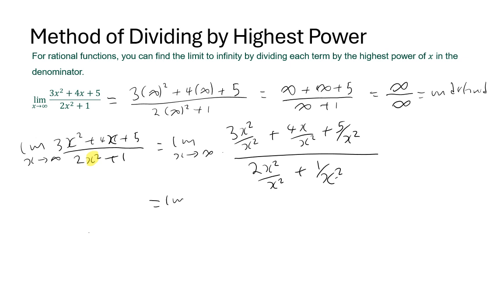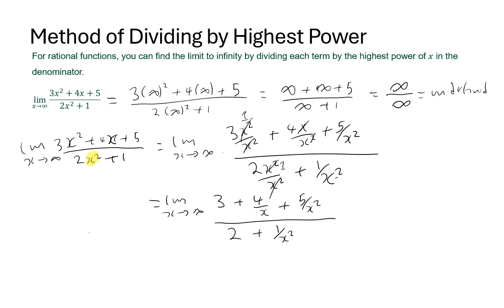Here x squared goes into x squared 1, so 3 times 1 is 3, plus 4 over x, plus 5 over x squared, divided by 2 times 1 is 2, plus 1 over x squared.